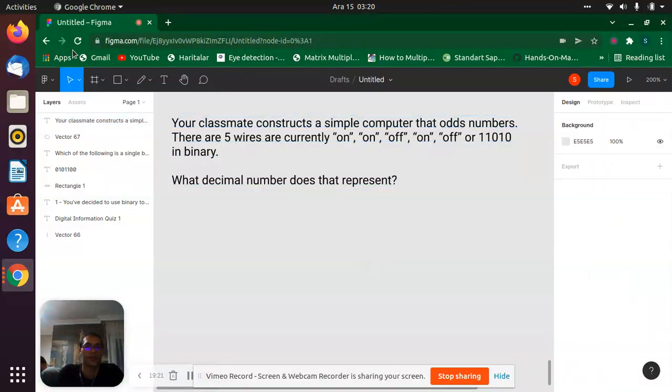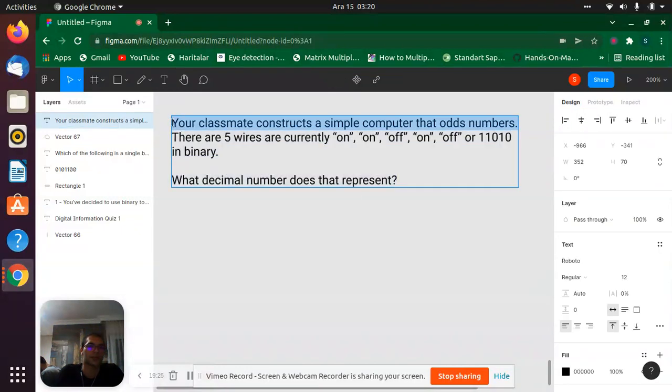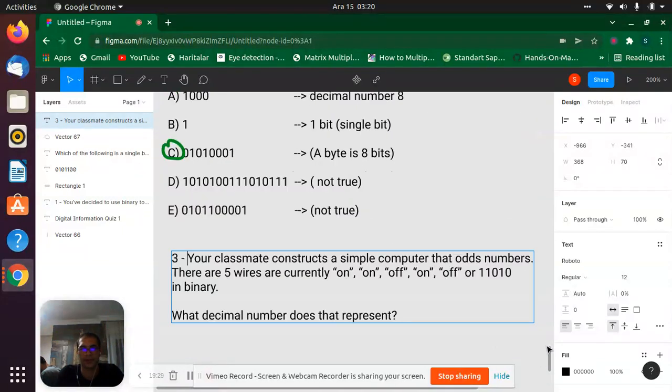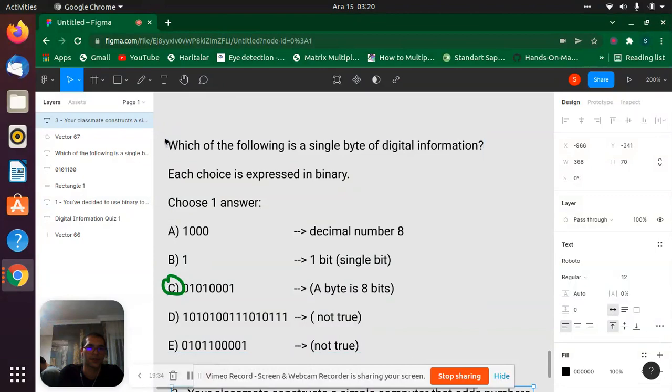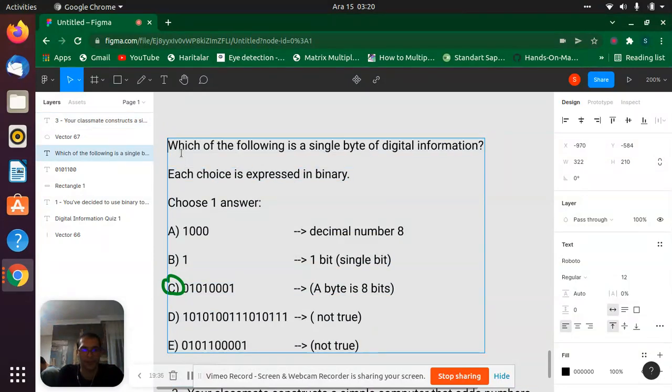What I want to do here, I also have to put the number of the question. Maybe this one is 2, I forgot, sorry.